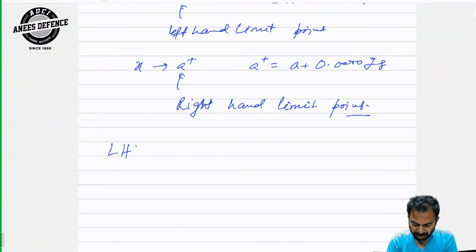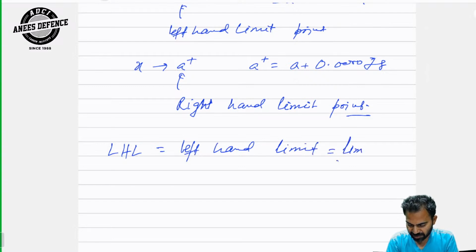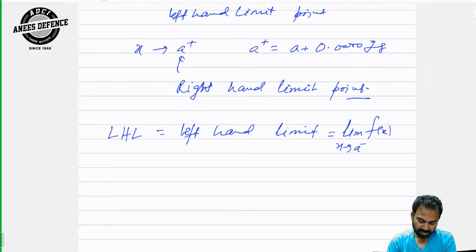Now LHL, left hand limit: limit x tends to A minus f of x.